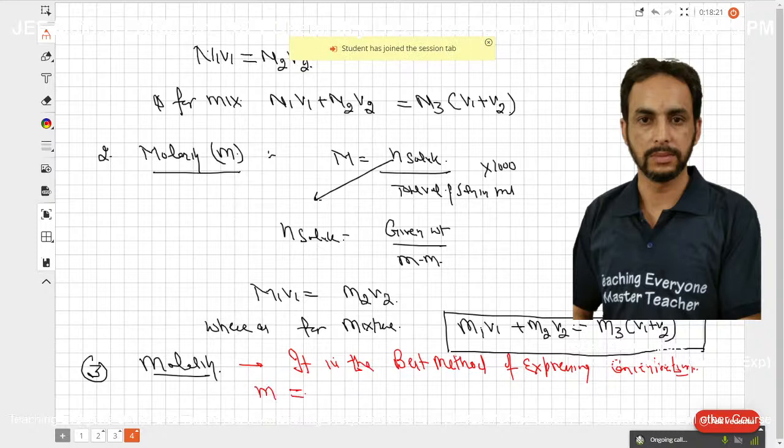So molality equals number of moles of solute divided by total weight of solvent in grams, multiplied by 1000. And with the same formula we can calculate the number of moles of solute.